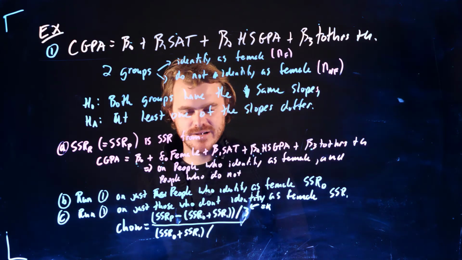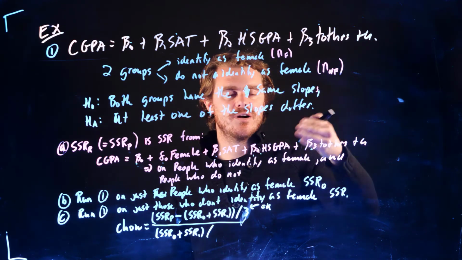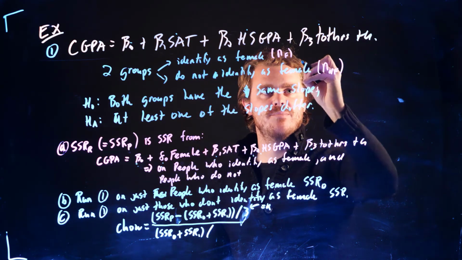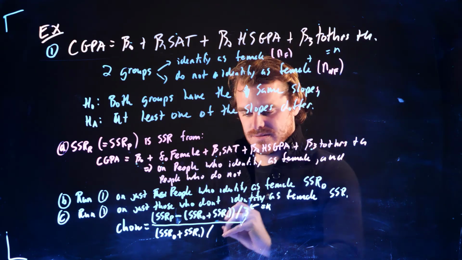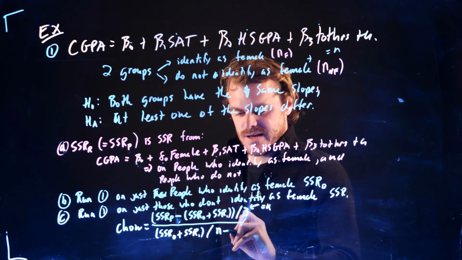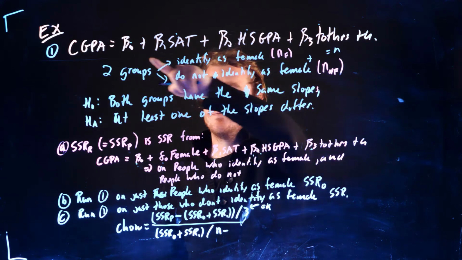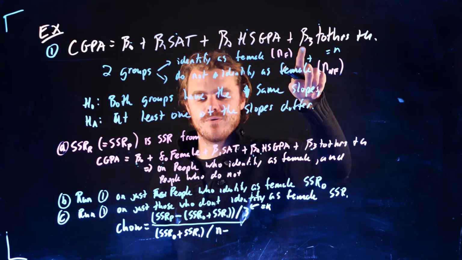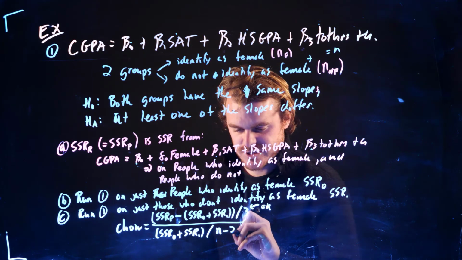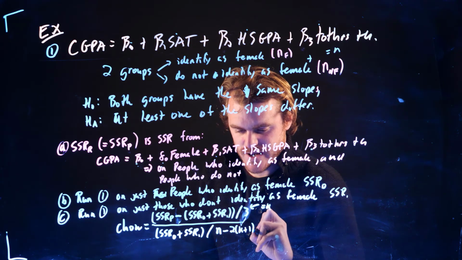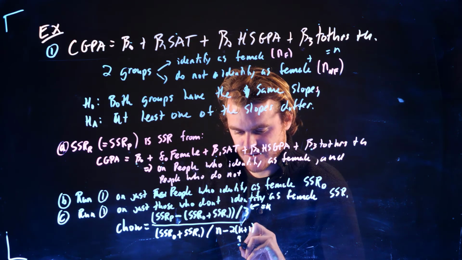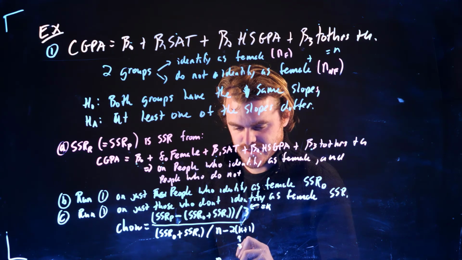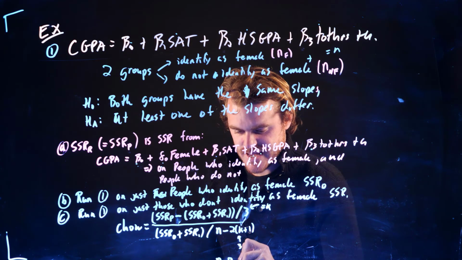Now degrees of freedom, so think of the total number of people in our sample. Let's say that n is both these numbers together. Again, we have 4 parameters in each group, so it's going to be 2 times (k plus 1). With k equals 3, this is n minus 2 times 4, which is 8.